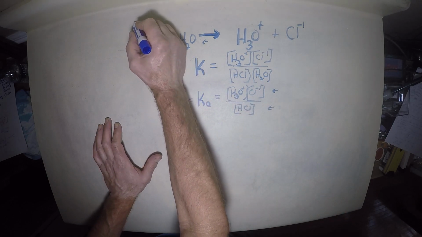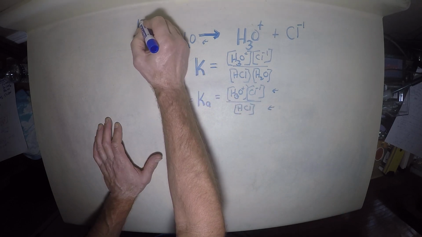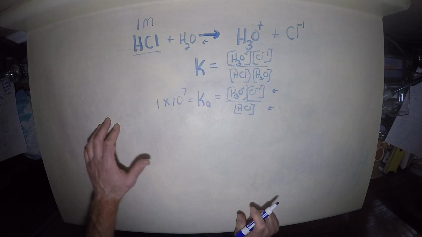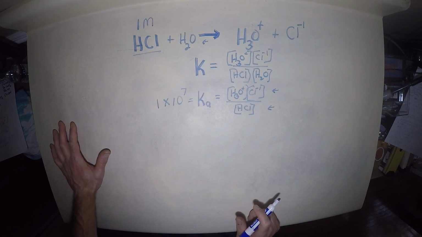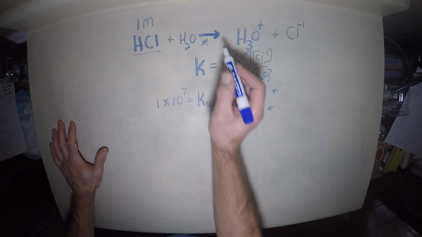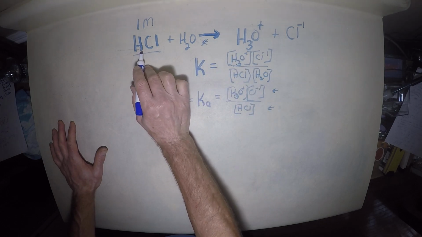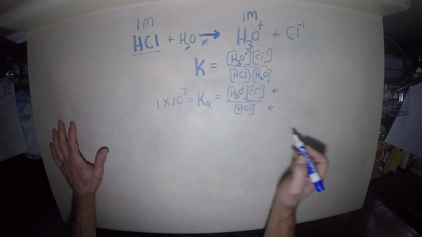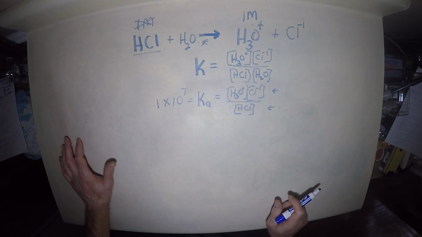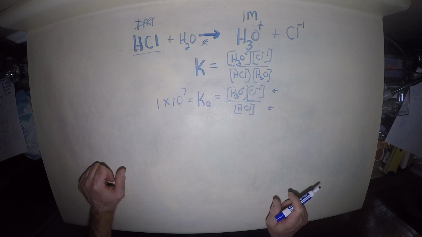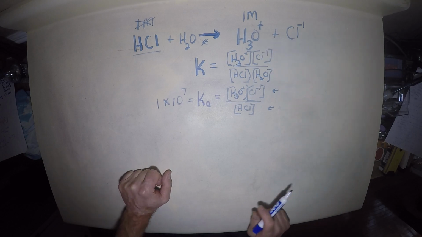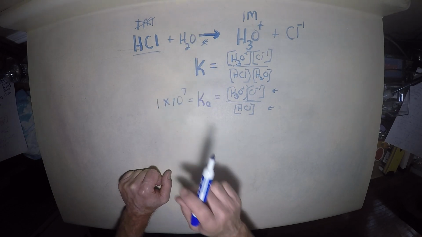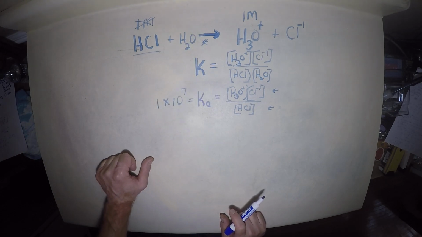So for example, if we talk about 1 molar HCl, and we put this into practice and we can ignore the reverse arrow, we would say the molarity of hydronium is 1 molar, and there's really no HCl left. So a bottle of hydrochloric acid is really a bottle of hydronium and chloride. And we again ignore the water for this.